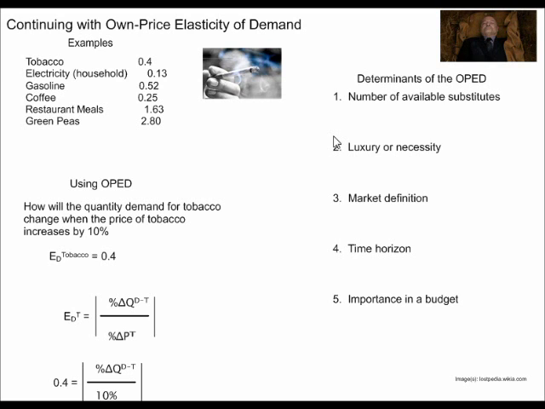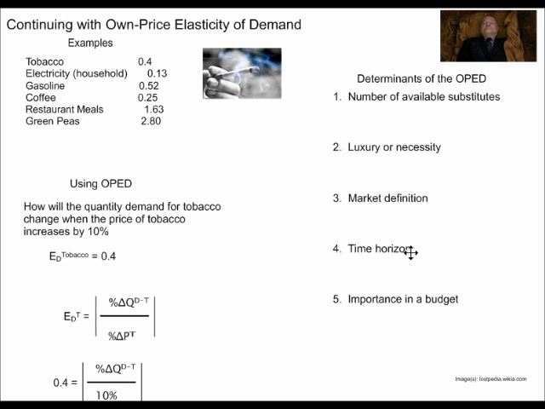By market definition, we really mean, what's the good that we're talking about? How are we defining our market? We can think of, are we thinking of the market for breakfast cereals, or are we thinking of the market for specifically Count Chocula? Think about how when prices go up, the more narrow our market definition, the more elastic the demand for that product will be. With time horizon, that's how much planning you have.